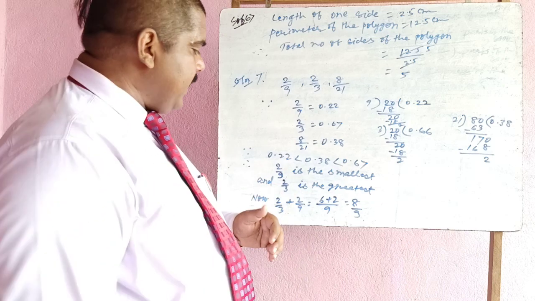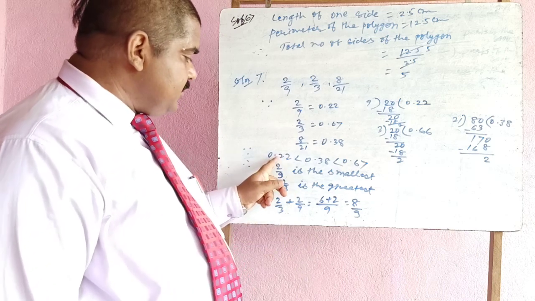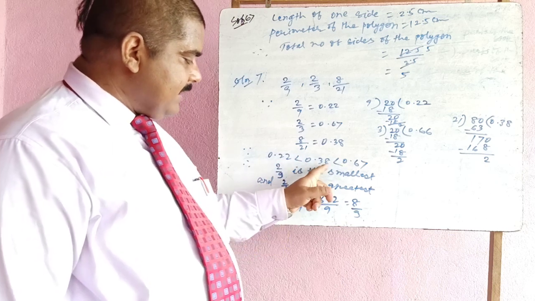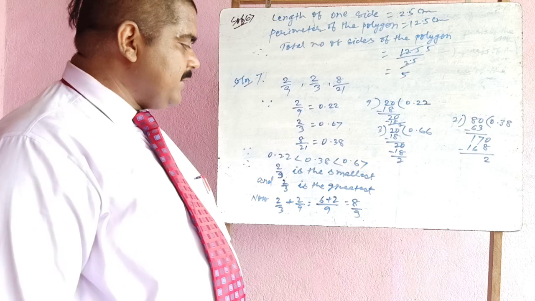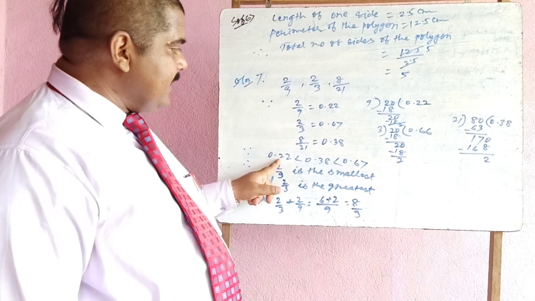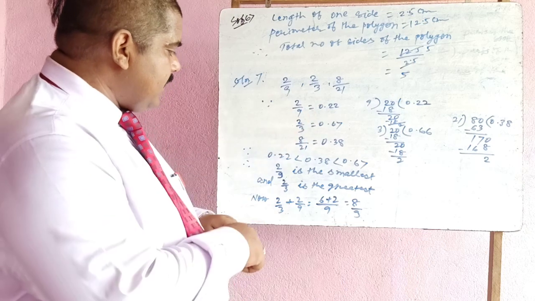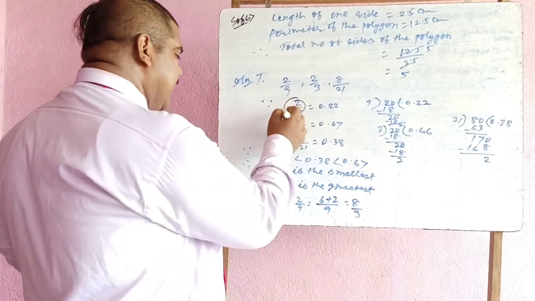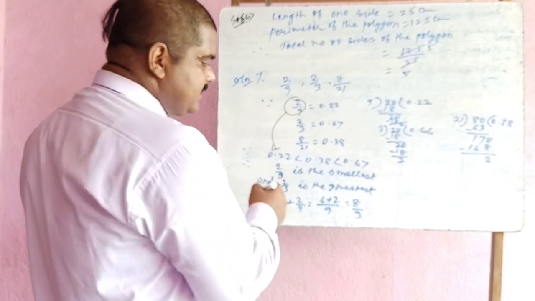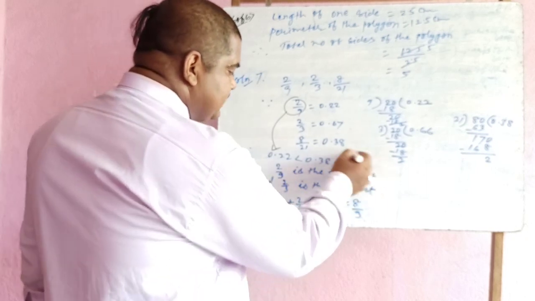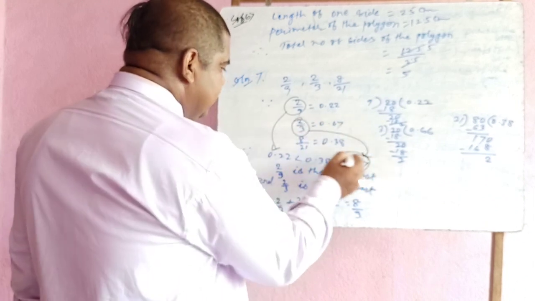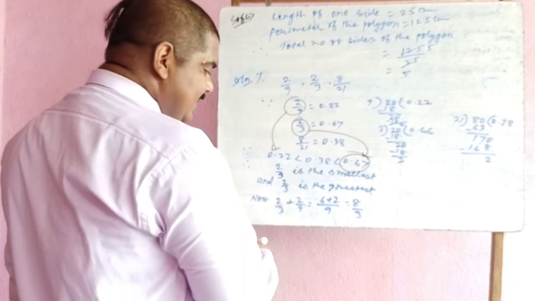When you compare, you find that 0.22 is smaller than 0.38, and that is smaller than 0.67. So the smallest one is 0.22, which is the fraction 2/9, and the largest is 0.67, which is 2/3, so it is the greatest.